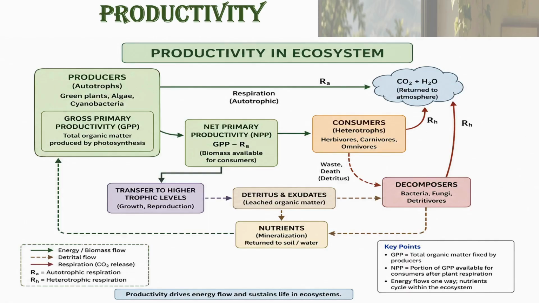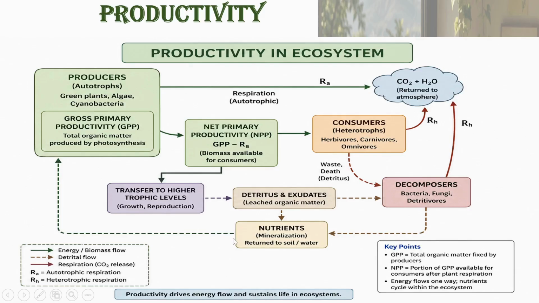And during that process, it will release nutrients. This dotted line indicates the release of nutrients, which contain rich minerals. If the decomposition happens in the soil, it will directly release to the soil. If not, sometimes it will be decomposed in water itself.